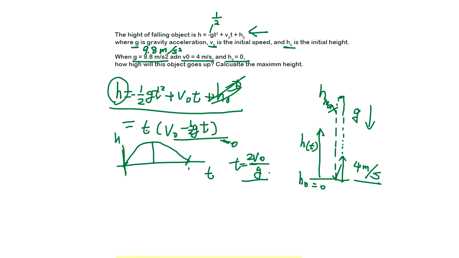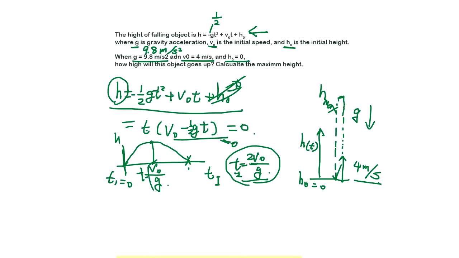So this is the time: t1 is 0, when you say the root of this is 0, and t2 is this value. And half of this is v0 over g. And when t is this value, the height is maximum.